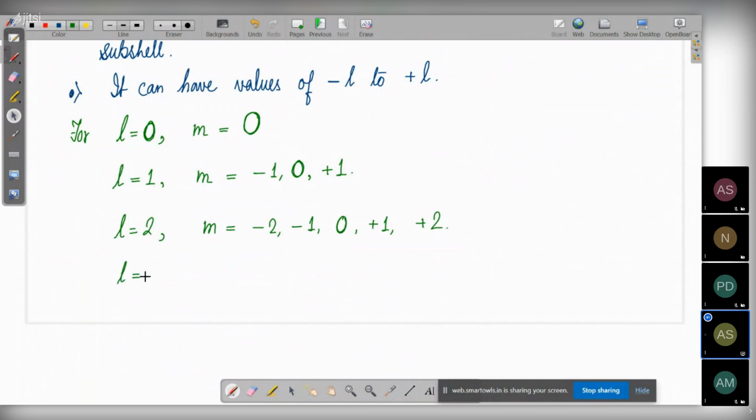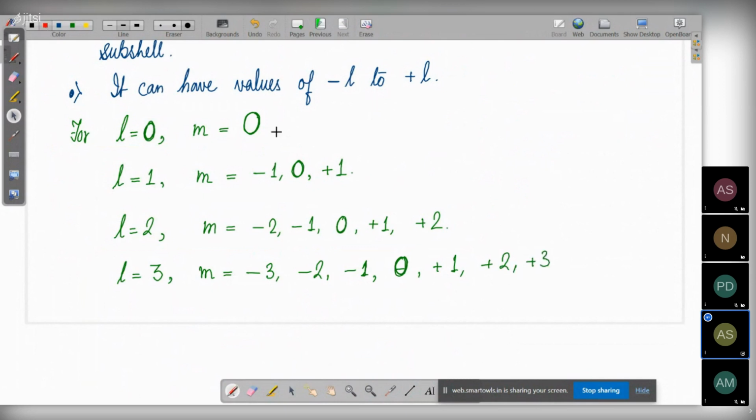l is equal to 3. Then what can be the values of m? m can be minus 3, minus 2, minus 1, 0, plus 1, plus 2, plus 3.